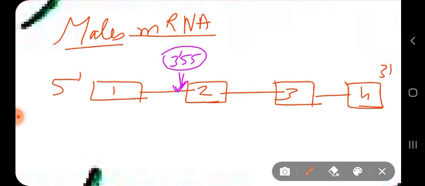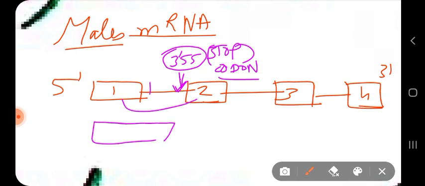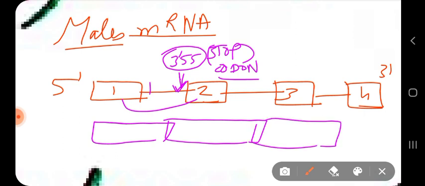Now within this splice site there is a stop codon present. As usual, when splicing occurs, it will join with exon number 1, 2. That's good. But when the protein is to be made from that mRNA, due to the presence of the premature stop codon here, the translation process will continue up to here and it will stop. That's why functional TRA protein will not be made.